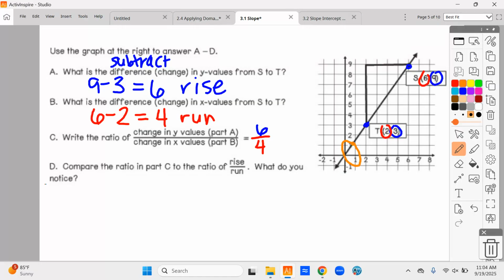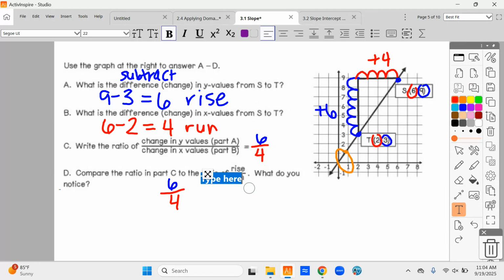Our x and y axis both jump by 1, so I can just count by ones. 1, 2, 3, 4, 5, 6. Interesting. And 1, 2, 3, 4. So my rise over run is 6/4. And my ratio of change in y over change of x is 6/4. So they are the same.